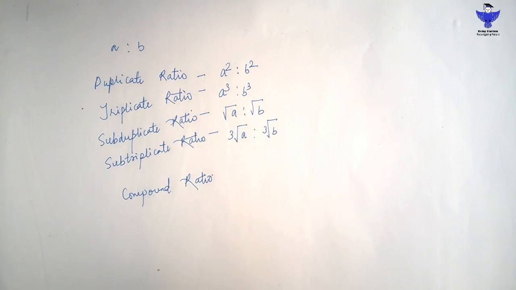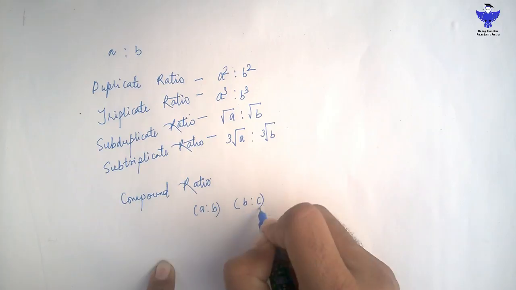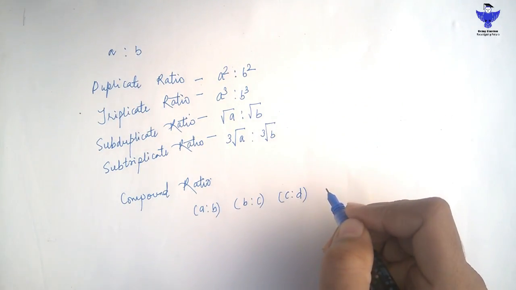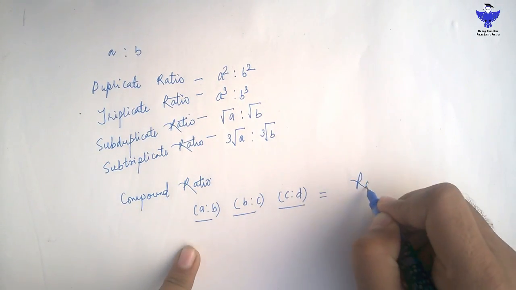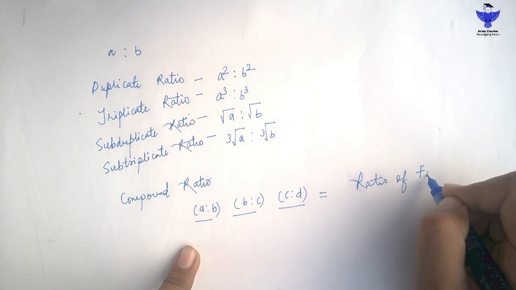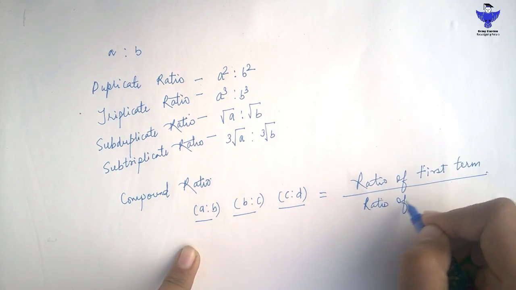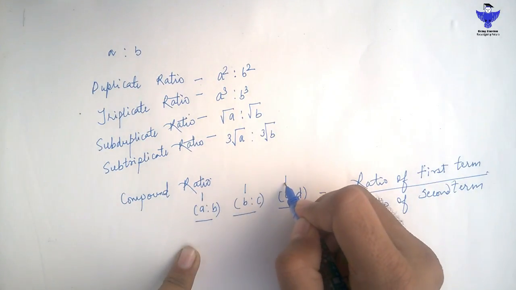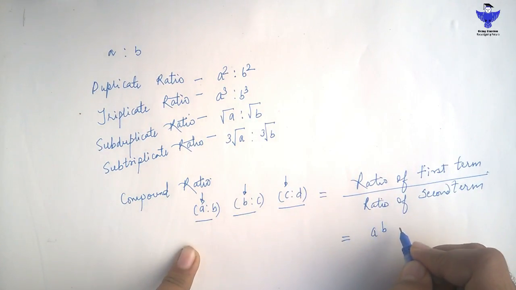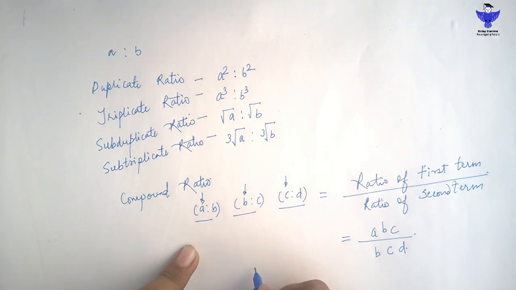If you have three ratios given in order, like a is to b, b is to c, and c is to d, then the compound ratio of these three ratios will be written as the ratio of the first terms divided by the ratio of the second terms, which can be written as a, b, and c over b, c, and d.